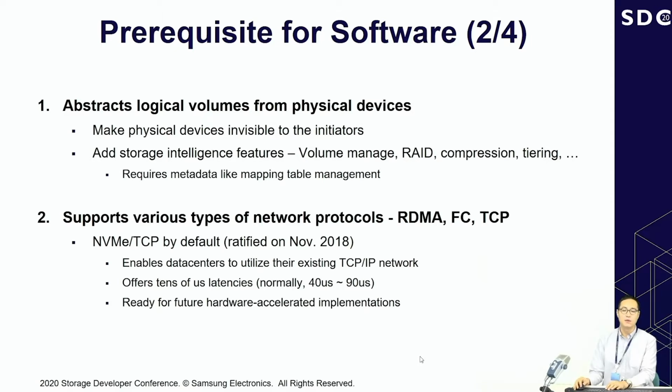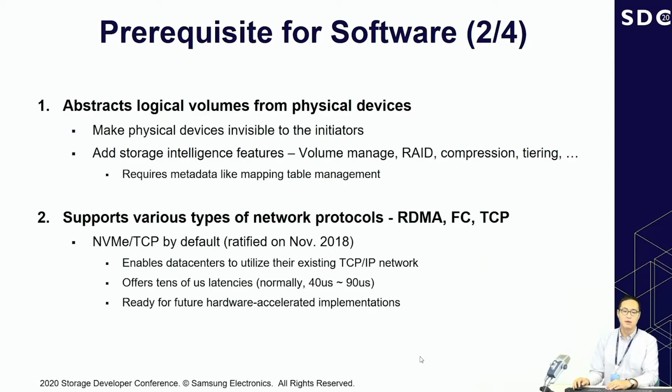Second one is that the NVMe Fabric reference system is able to support various types of network protocols. Currently, NVMe over RDMA, FC, and TCP are verified. Among them, we choose NVMe TCP by default. Since TCP/IP is already spread all over the data center, they can utilize their existing TCP/IP network with NVMe TCP.